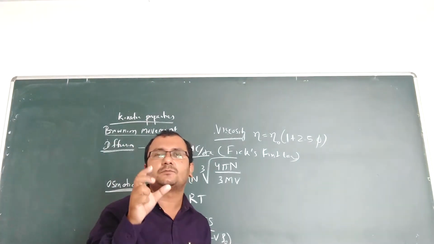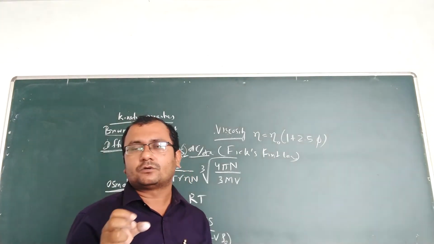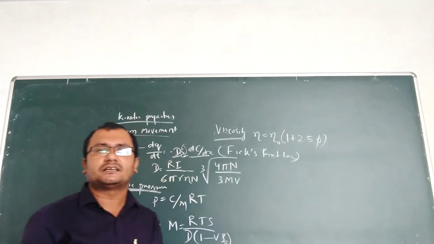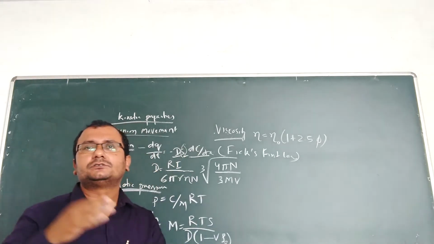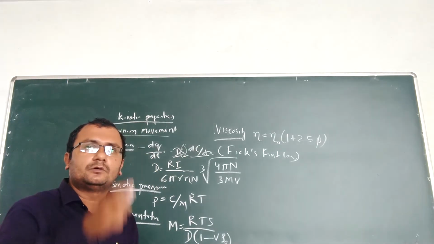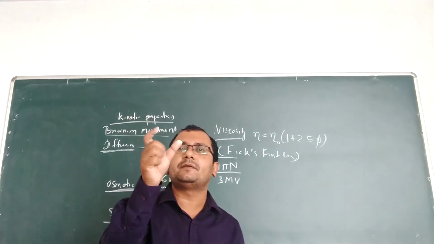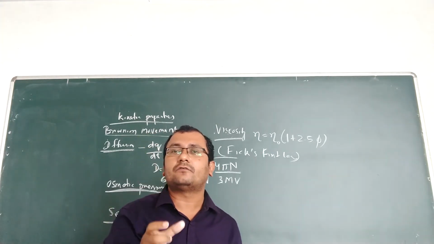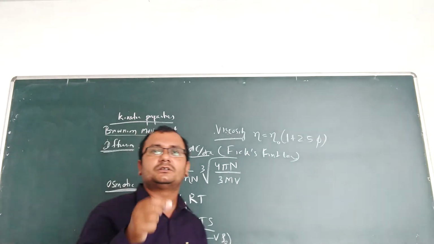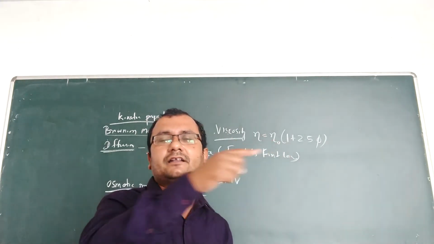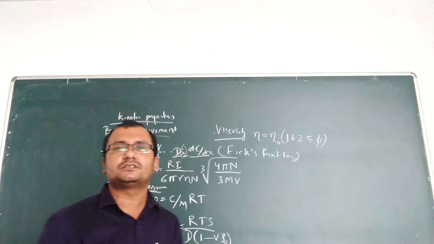So already you know the osmosis process. When we keep two solutions, one with a higher concentration of solute and one with a lower concentration of solute, and in the middle we keep a semi-permeable membrane, then we will see movement of solute from low concentration to higher concentration. It is the reverse of the diffusion process.